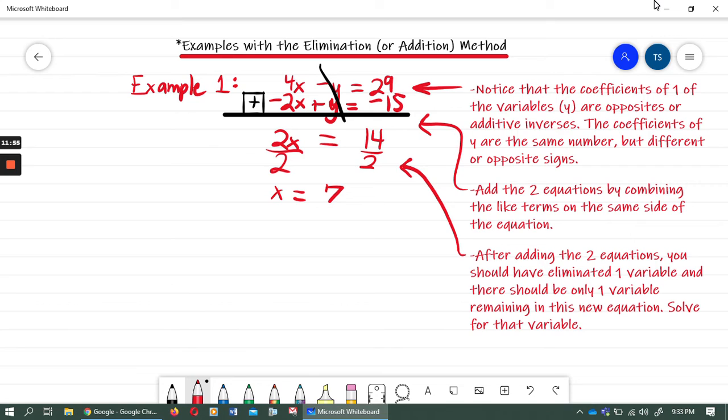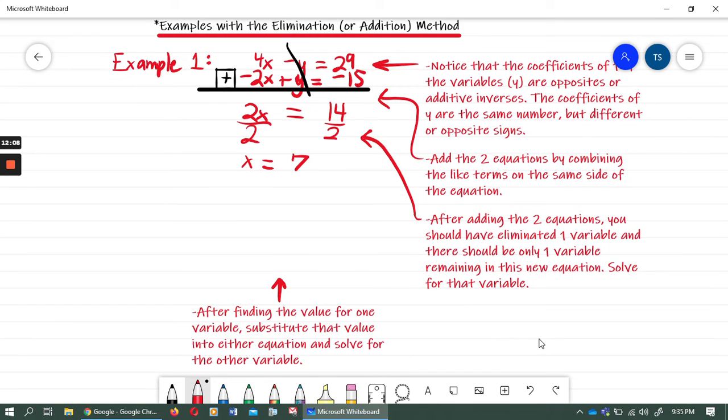So what do we need to do? Now that we have found the value of one of our variables, we need to plug that value into one of our original equations and use it to solve for the other variable. Let's do that. It doesn't matter which of the two original equations you choose.